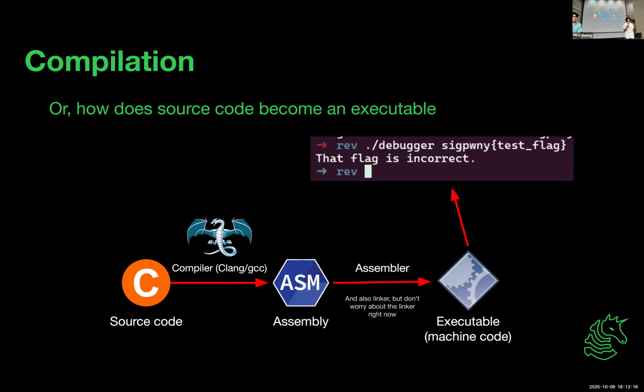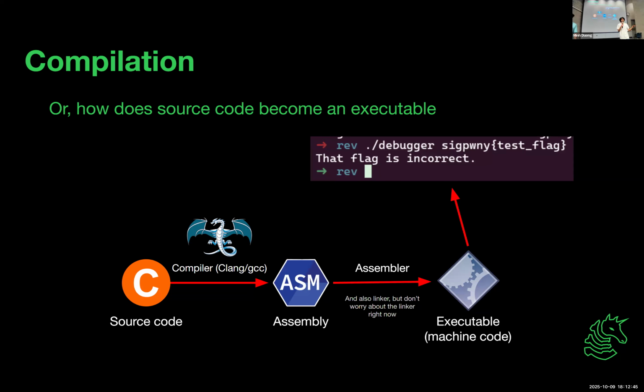So how does some source code that you wrote in C or C++, maybe Python, actually not Python, C or C++, turn into an executable? You guys might have worked with this before, but you can use Clang or GCC, basically a compiler, that turns your code into machine code, or into assembly.